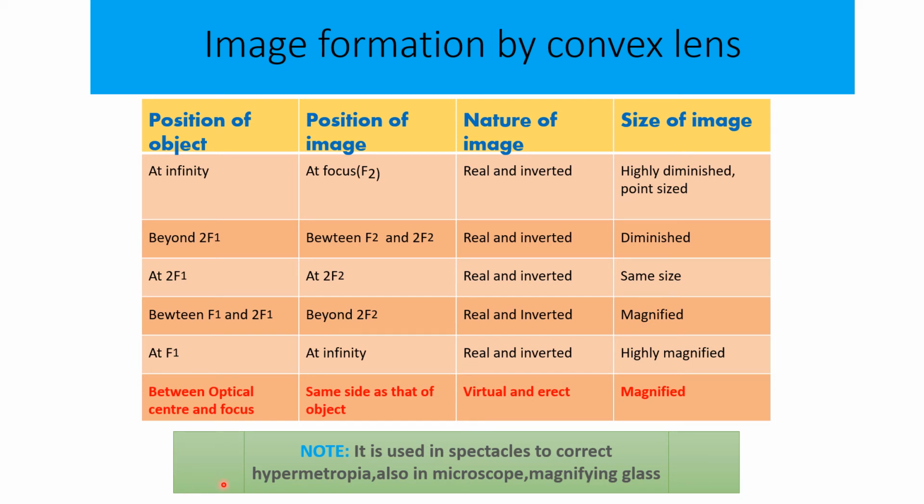That defect is called hypermetropia. So to correct hypermetropia, we use spectacles, and in the spectacles we use a convex lens. Okay. As of now, just remember this term hypermetropia. When we deal with chapter 11, then you will be clear about hypermetropia. I hope the uses are clear. Moving ahead.